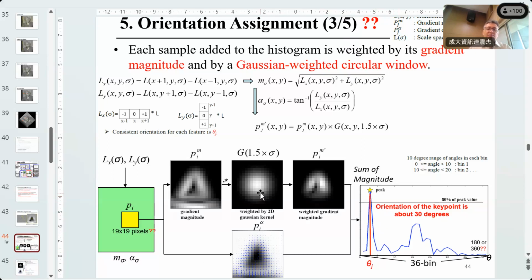Because it's an edge, each pixel has a rotation angle. We accumulate the rotation angles. Suppose we have 0 to 180 degrees, but that would be too many bins, so suppose we have only 36 bins.